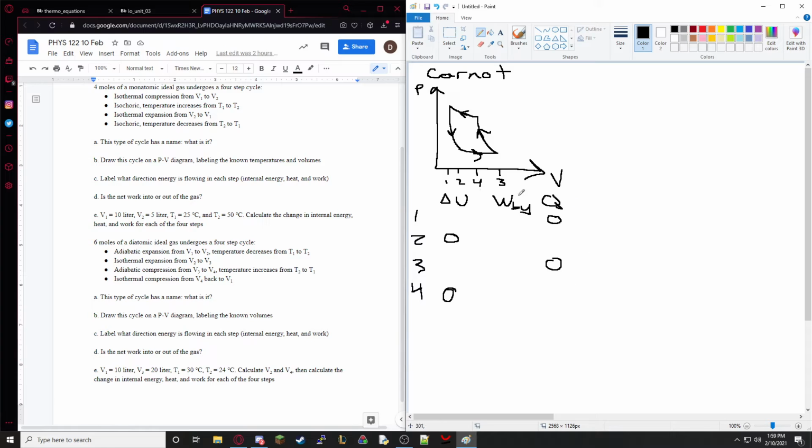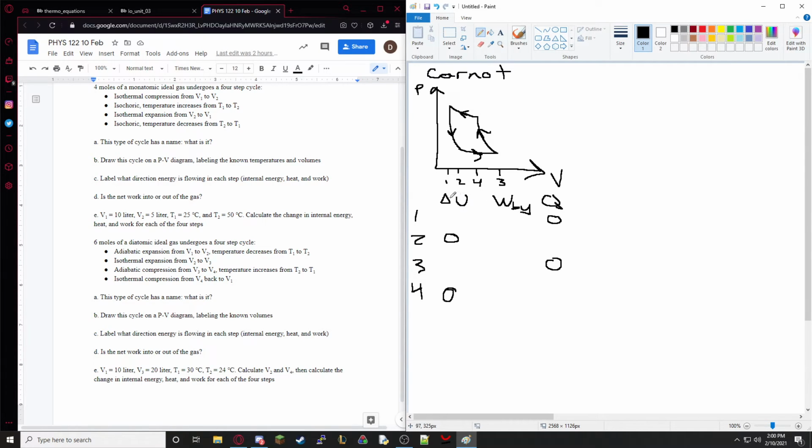And then also for steps 1 and 3, because our Q is 0, that means our internal energy change has to be equal to the work done by the system, or the magnitude, and then they would be opposite in sign. So for step 1, is our work being done by the system, or a change in internal energy.